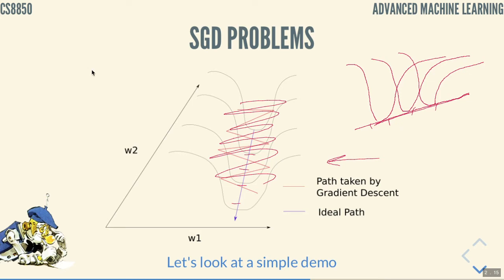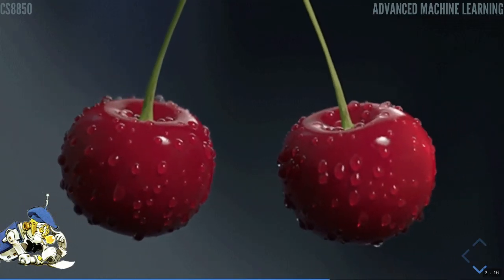That was control. So how does this momentum work?